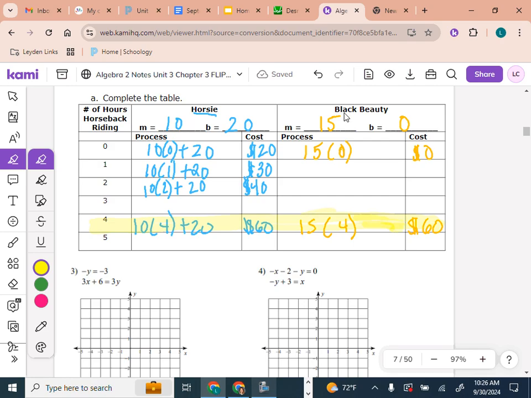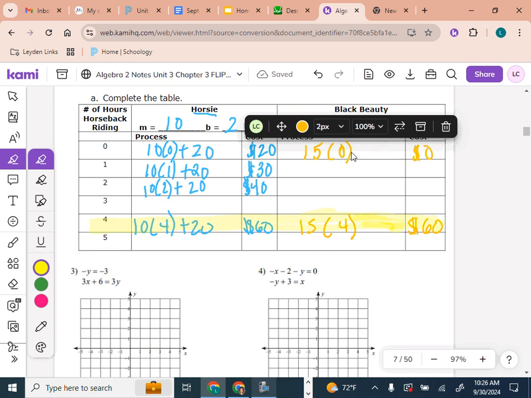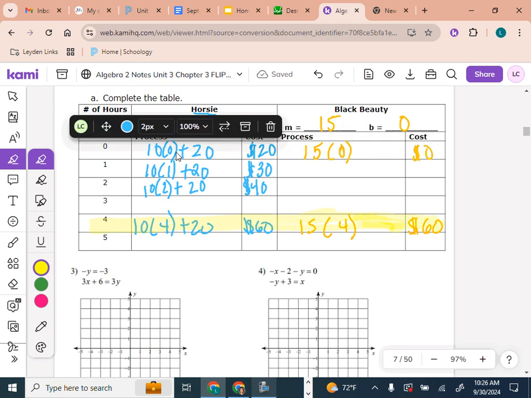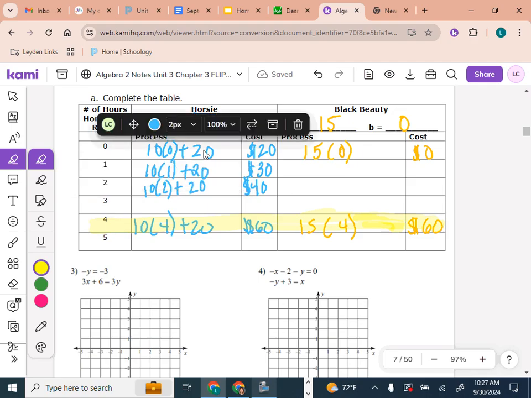Black Beauty becomes more expensive. So people will say, why would they do that? Why would they charge, no flat fee? It's less money than this place. Not necessarily, right? Once you go longer, it's going to be more money than this place, okay? So this place may look more expensive at first, but it depends.